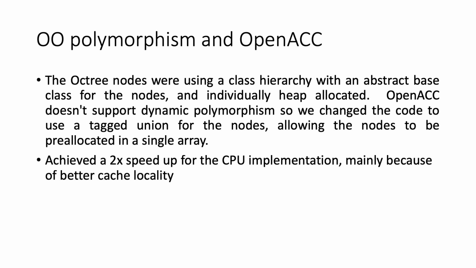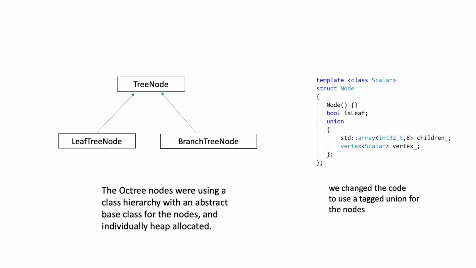So another thing we needed to do was eliminate the virtual functions in the code, and one area where that was used was in the Octree nodes. There's a small class hierarchy there with an abstract base class and 2 derived classes. So we just replaced those 3 classes with a struct having effectively a tag union.